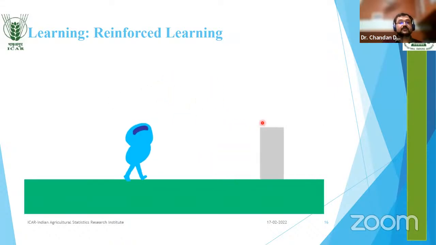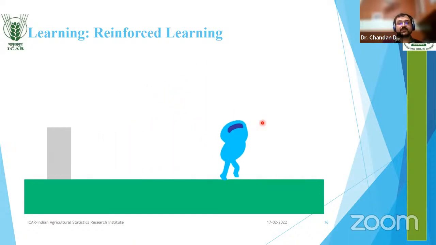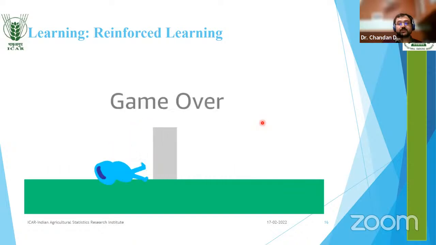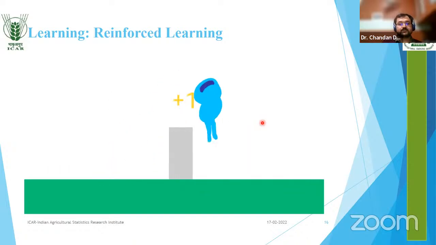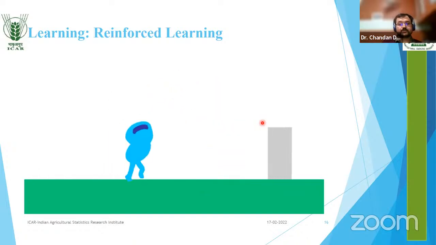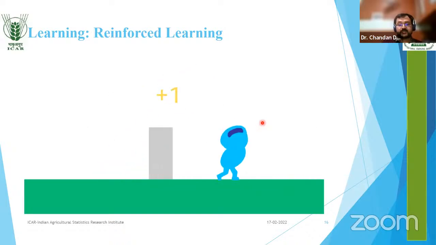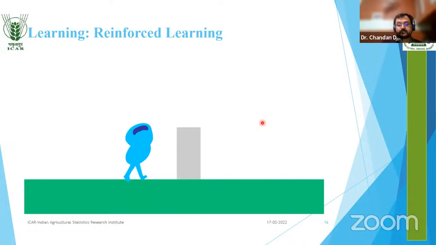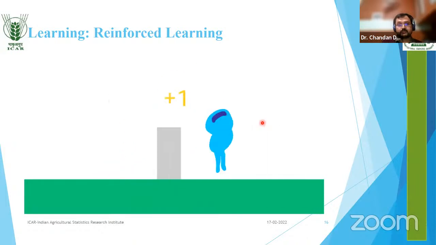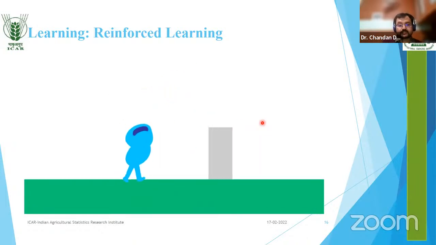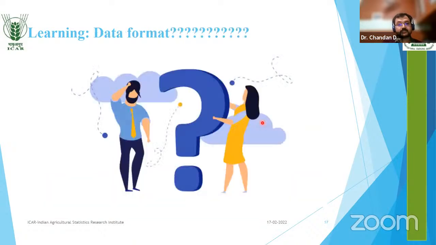So in this way, reinforcement learning comes in. Reinforcement learning is used in the gaming industry to make the player or automatic agent more expert.